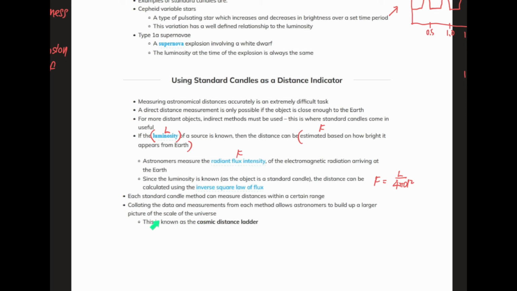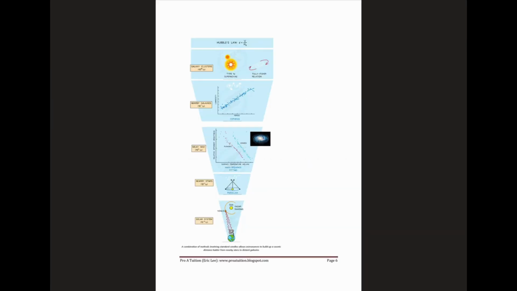And in the end, it ends up with this. This is known as the cosmic distance ladder. What is the cosmic distance ladder? You can just look at the picture on the next page. So we can see the cosmic distance ladder in this way. This picture is called the cosmic distance ladder.